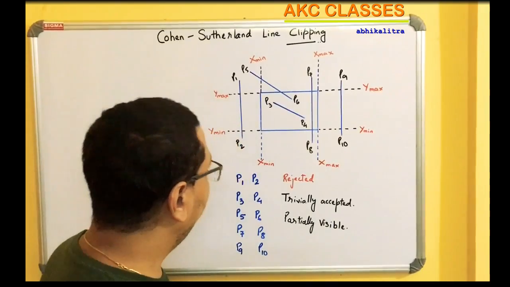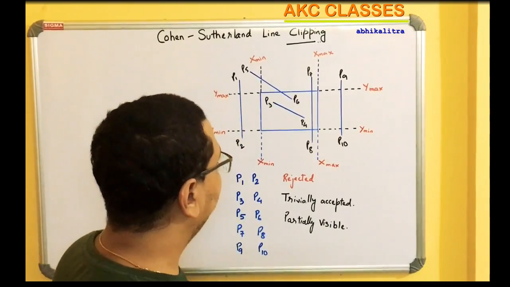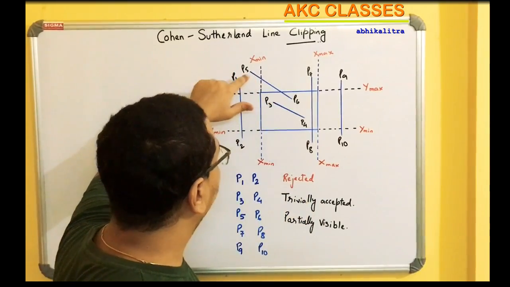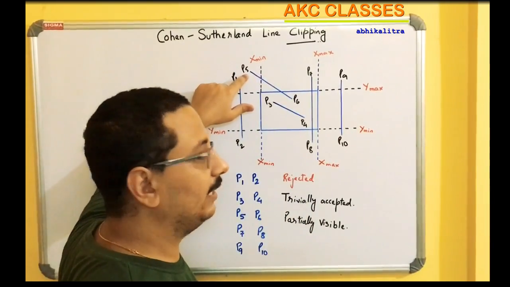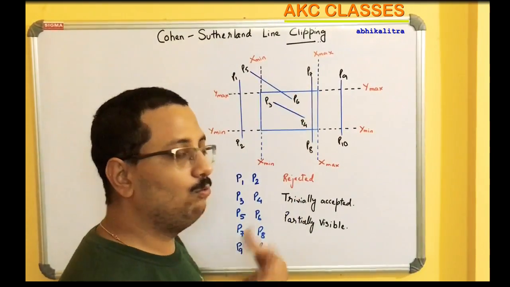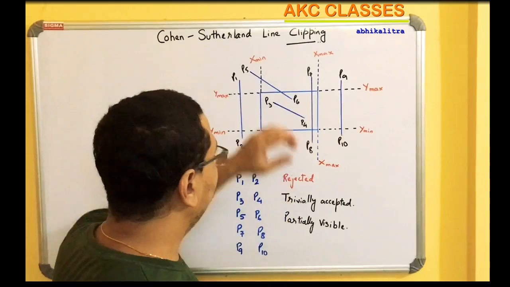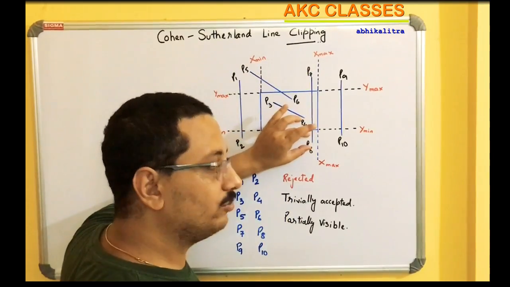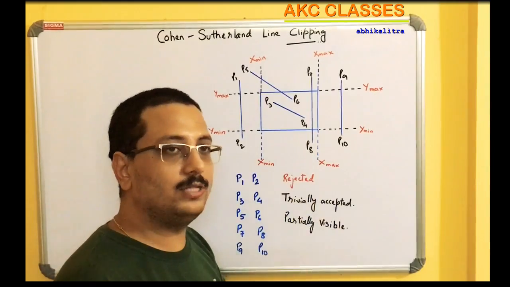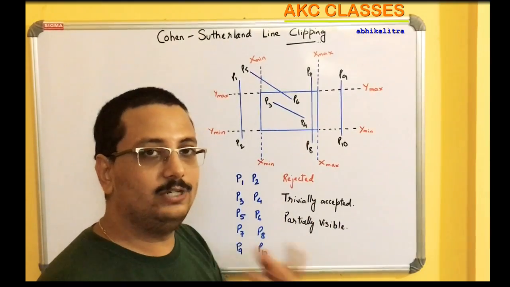Now we move on to P7, P8. In P5, P6, one endpoint was outside the rectangle boundary, but in the case of P7, P8, both endpoints are outside the rectangle boundary. So obviously we have to trim this part, and also this part, and the remaining part inside the rectangle boundary can only be displayed in the window display screen.